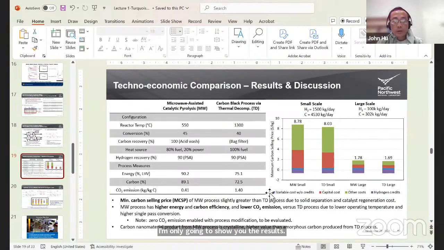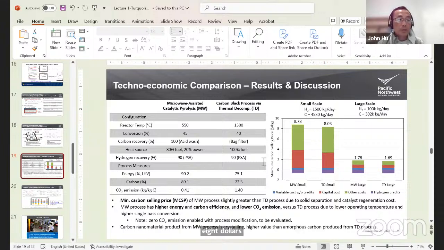So here's the result. It depends on the scale. If you have a small scale, the minimum carbon selling price... remember, we used the words minimum ammonia selling price. Here it's the minimum carbon selling price, and it's pretty high. You need to sell carbon at $8 in order to make money.